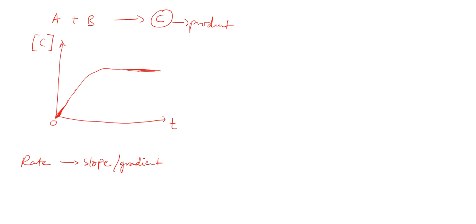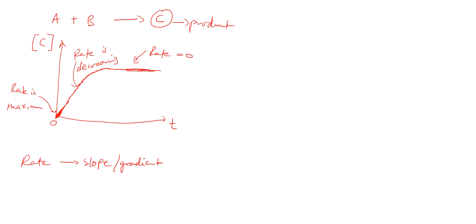So the rate starts at a maximum value here, and the slope is decreasing, and then eventually the rate becomes 0, right? In this part here, the rate is equal to 0. At this part here, our rate is a maximum, and in this region here, the rate is decreasing, right?